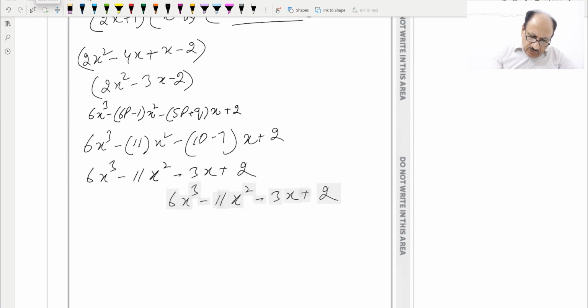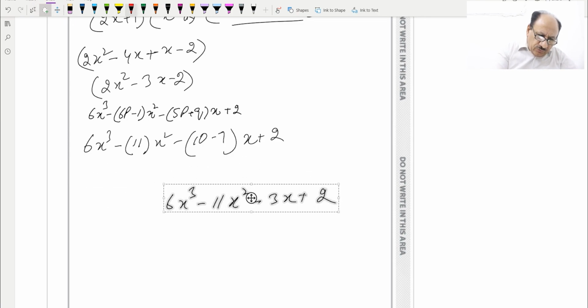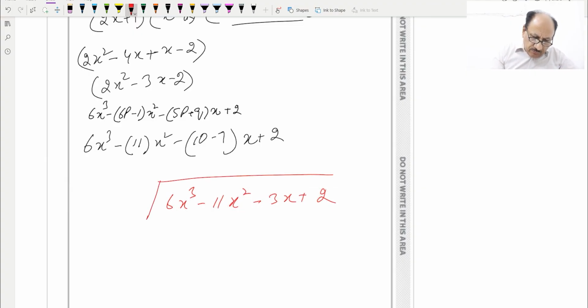This will be our equation which we will be dividing, and we'll be dividing by 2x square minus 3x minus 2, and we can multiply with 3x, so it will be 6x cube minus 9x square and minus 6x.